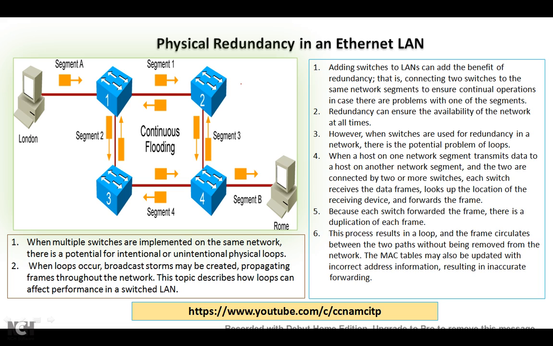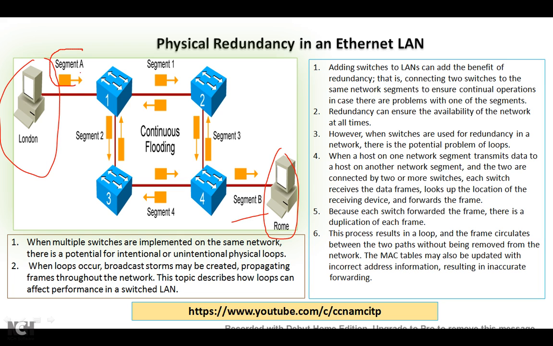First of all, if you see this diagram, it's very easy to understand, and if you go through this diagram and try to understand, it will make it very easy. For example, as you can see here, I have one PC in London and I have one more PC in Rome, which is in segment B, and this one is in a different segment.